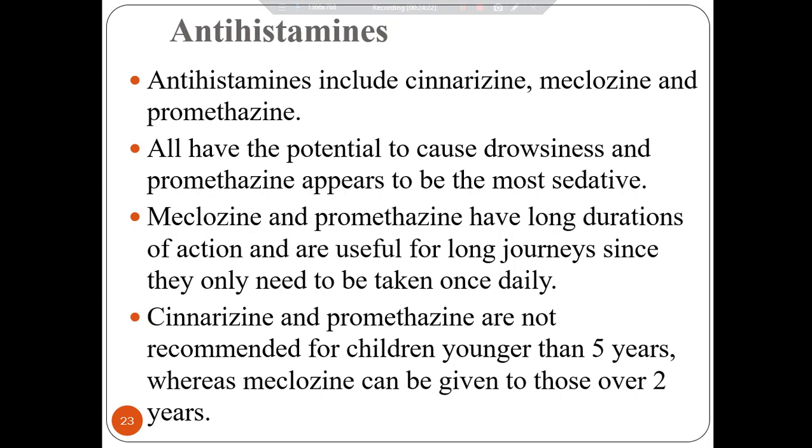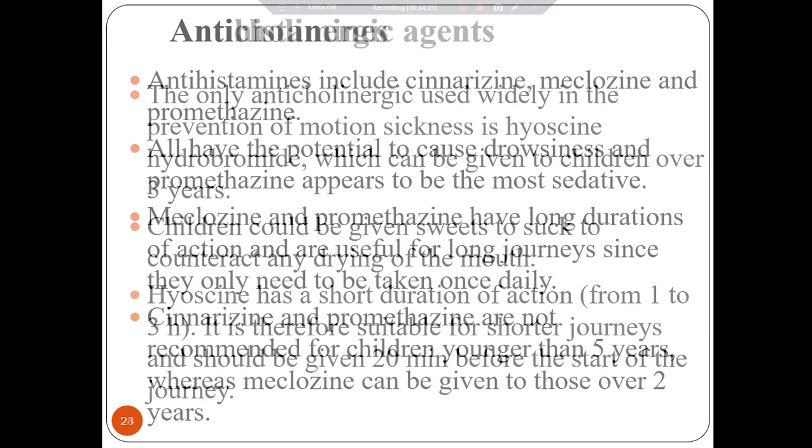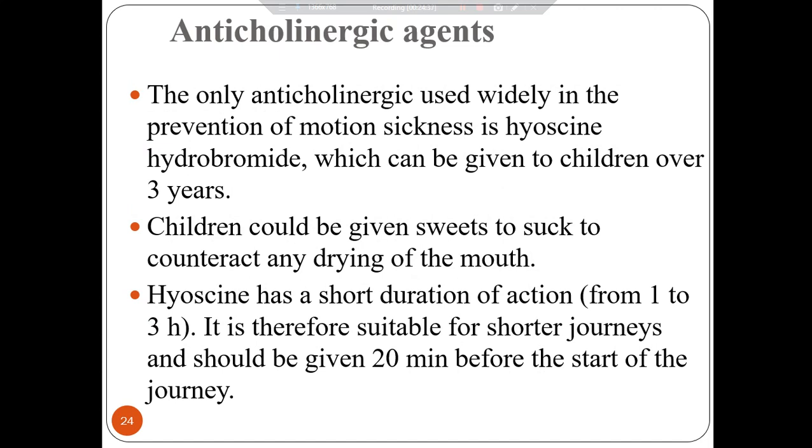Cinnarizine and bromistazine are not recommended for children younger than 5 years, whereas meclizine can be given to those over 2 years. The only anticholinergic used widely in the prevention of motion sickness is hyoscine, which is scopolamine, hyoscine hydrobromide, which can be given to children over 3 years.